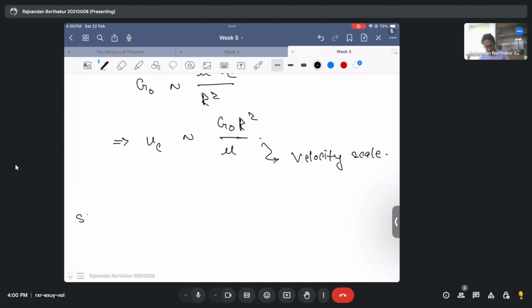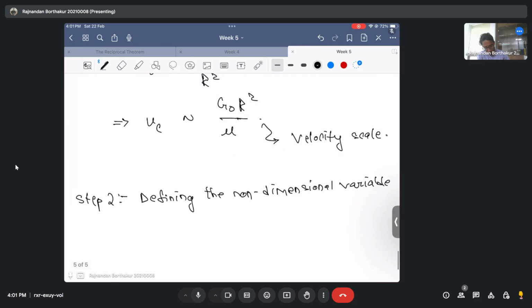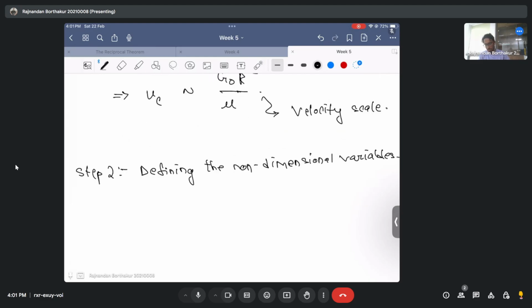So step 2 is defining the non-dimensional variables, and these non-dimensional variables are based on the chosen characteristic scales.